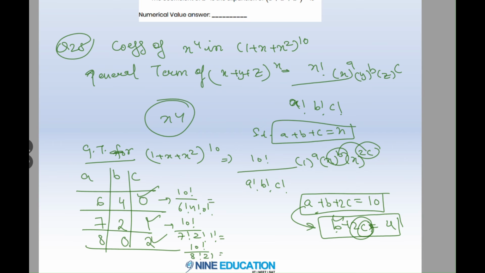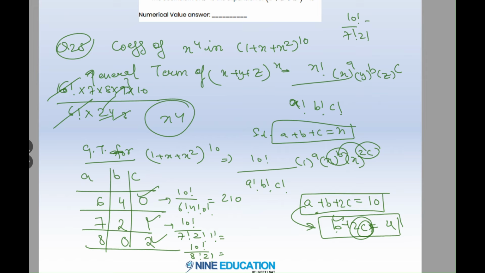Now if you solve it, 10 factorial can be written as 6 factorial into 7 into 8 into 9 into 10, divided by 4 factorial and 6 factorial, which gives 210. For 10 factorial by 7 factorial into 2 factorial, this is 7 factorial into 8 into 9 into 10 by 2 into 7 factorial. The 7 factorials get cancelled. It gives 360.